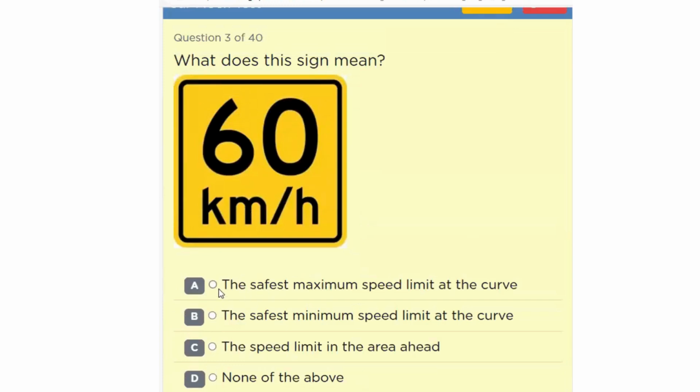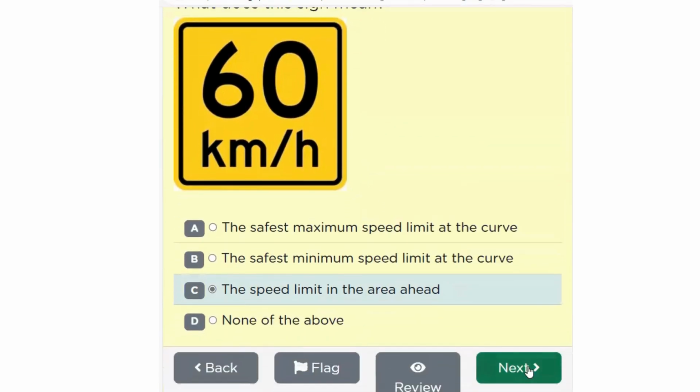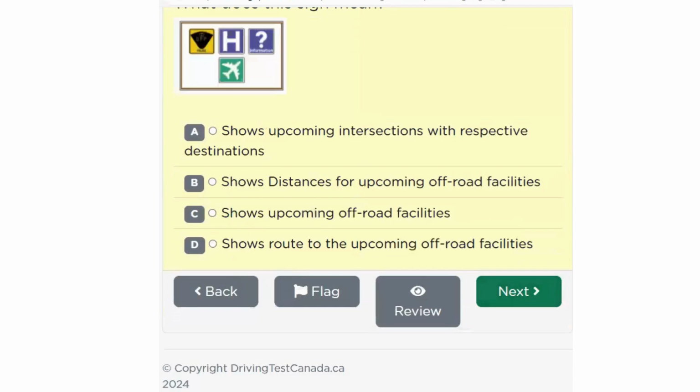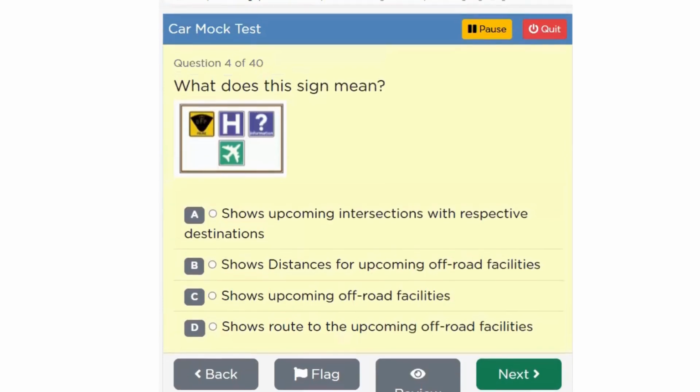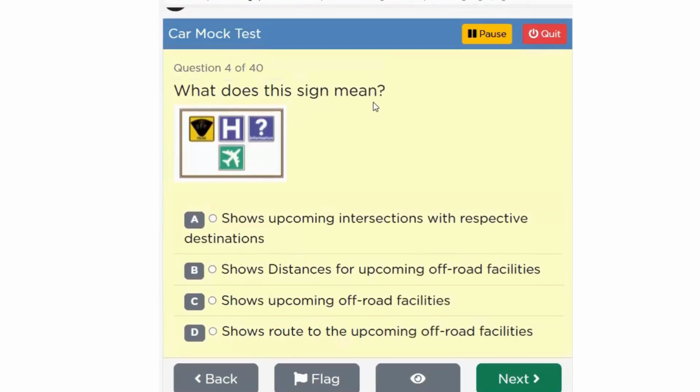I think it's the safest, the speed limit in the area ahead, 60 kilometer per hour. So in the square, yellow color, inside the color is also important. Okay, here. What does this sign mean?